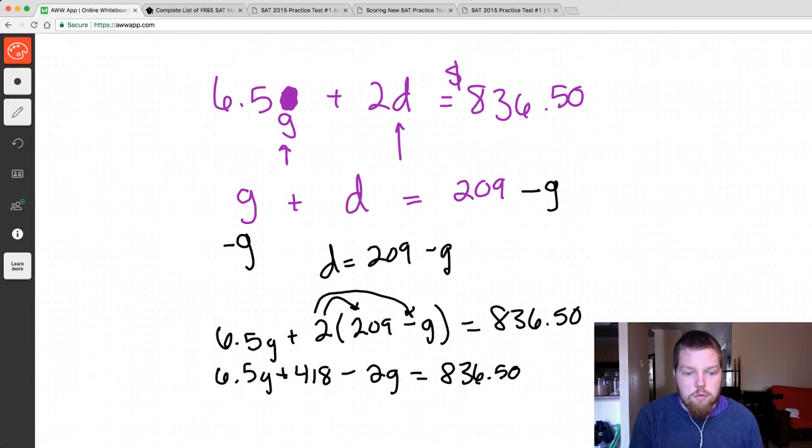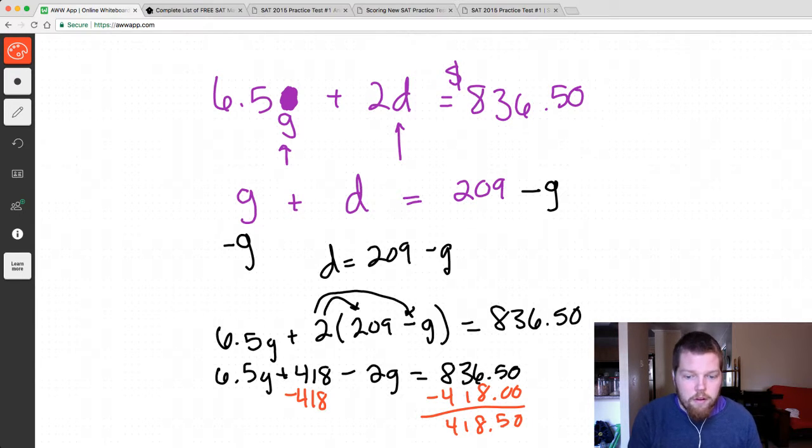And then we will subtract 418 from both sides, and we'll get 418.50. And we'll combine negative 2g and 6.5g to get 4.5g.